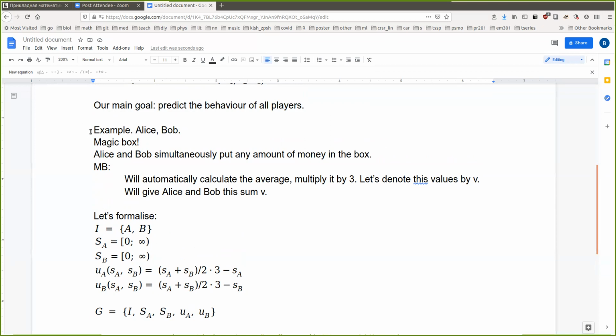I haven't written explicitly that they are maximizing net profit. Yeah, that's exactly why the formalization stage is needed.